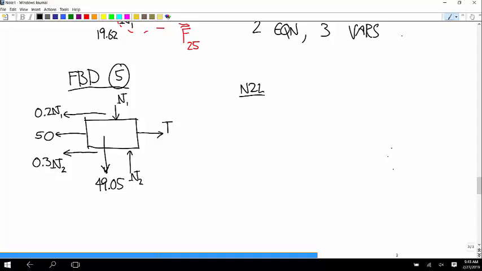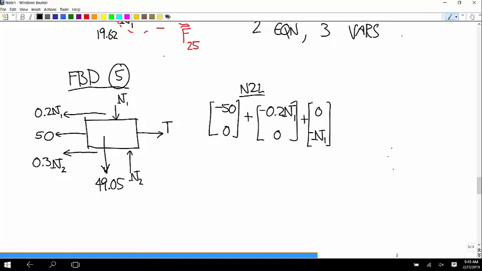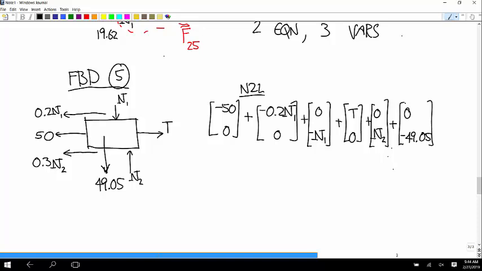Okay, so Newton's second law says negative 50, 0 plus negative 0.2 N1, 0 plus 0, negative N1 plus T, 0 plus 0, N2 plus 0, negative 49.05 plus negative 0.3 N2.